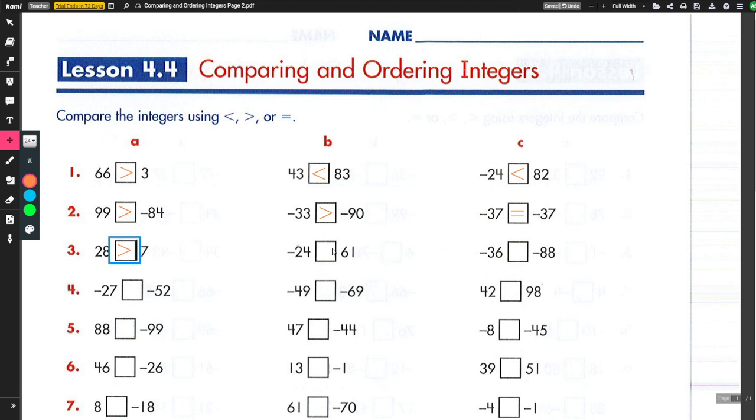Okay, a negative and a positive. That's pretty easy. The positive's always bigger. Okay, a negative and a negative. Well, owing $36 is a lot better than owing $88, and negative 36 is warmer than negative 88, so negative 36 is bigger.